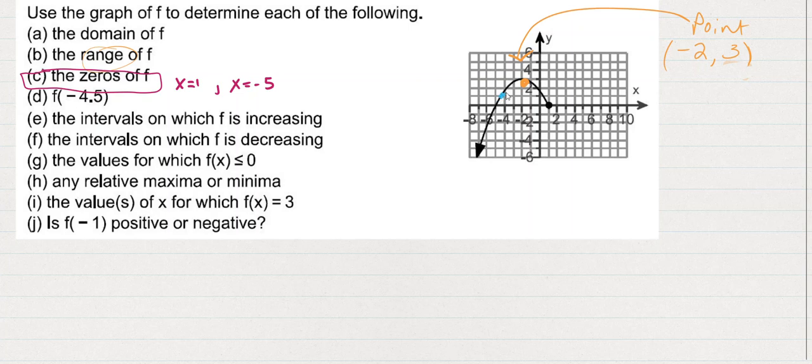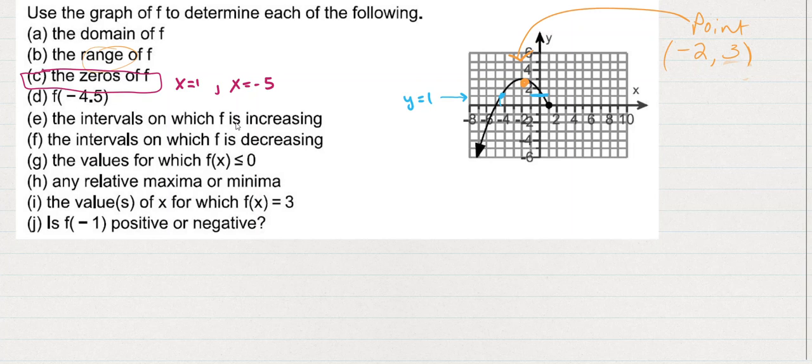And I'd say it's about here at this point, and we could call that y equals 1. The height of the function when x is -4.5, the height of the function is 1.